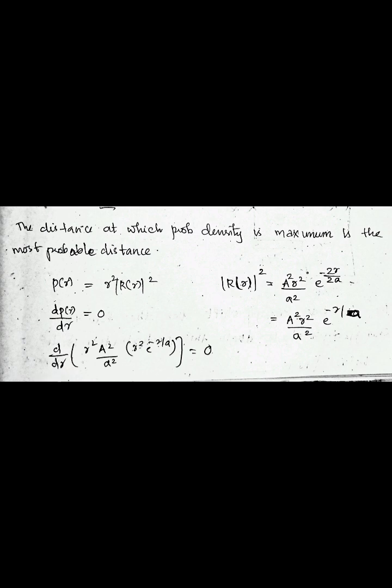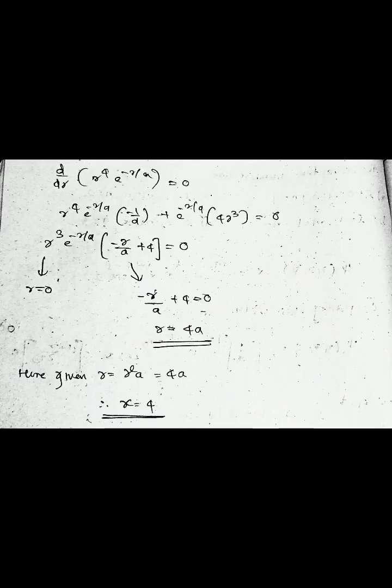For the most probable distance, dP of r by dr is equal to 0. That is d by dr of r square A square by a square into r square e raised to minus r by a is equal to 0. That is d by dr of r raised to 4 e raised to minus r by a equal to 0.